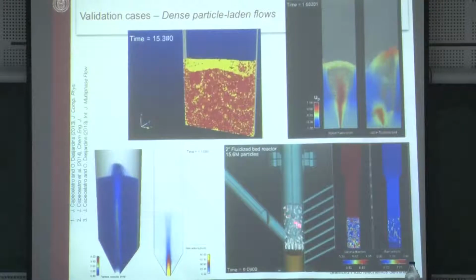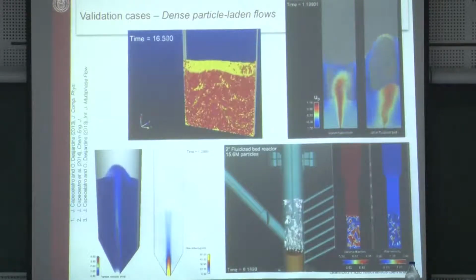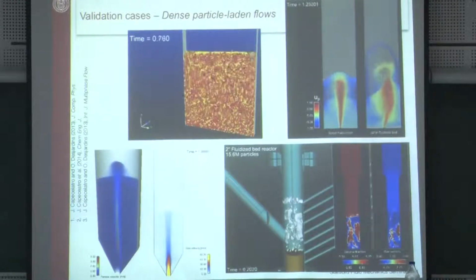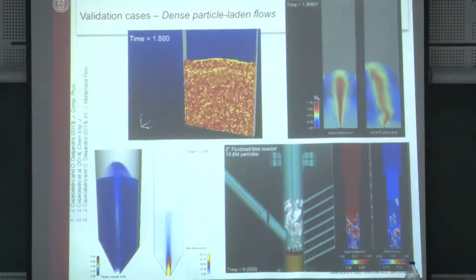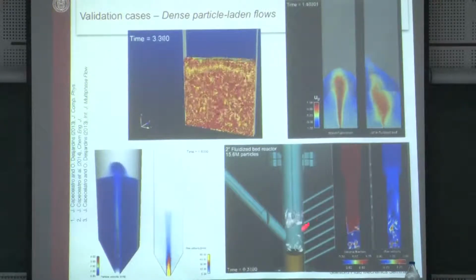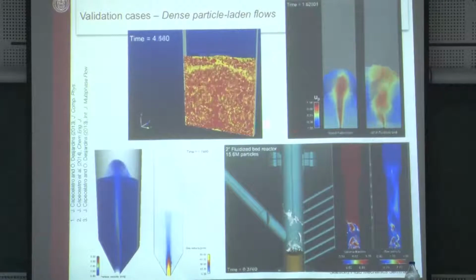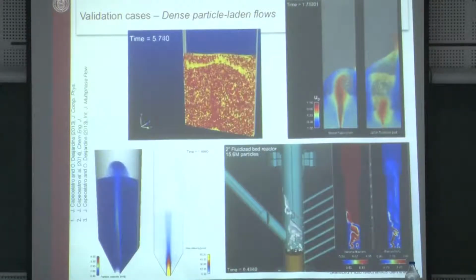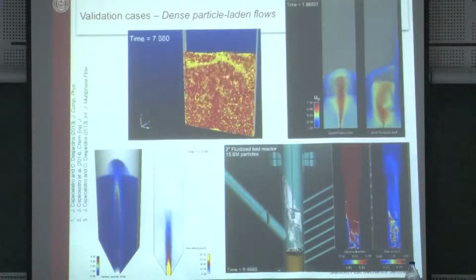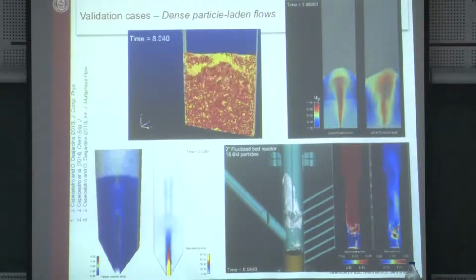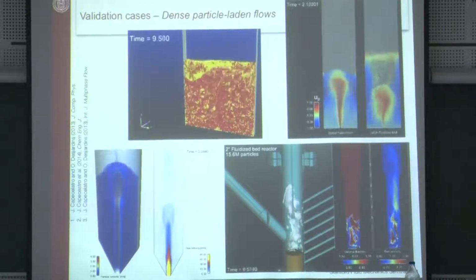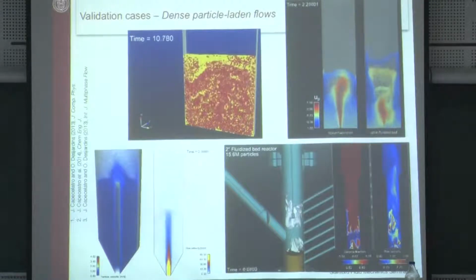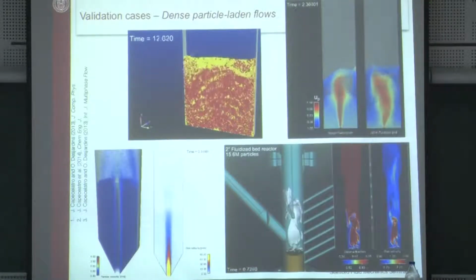This is one of the largest calculations we've done with this type of approach, still in this dense flow regime. This is now a full model of an actual fluidized bed reactor that was operated for a few years while the Department of Energy's Office of Biomass Research was interested in gasification.